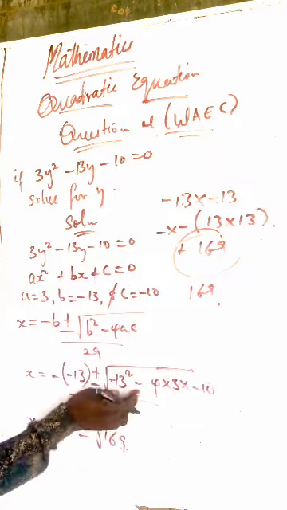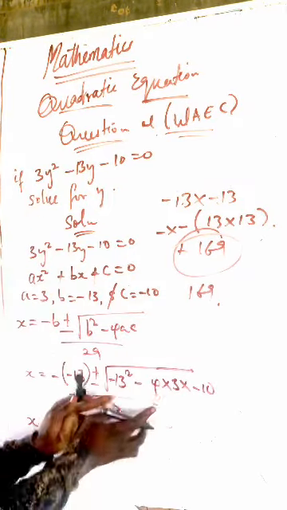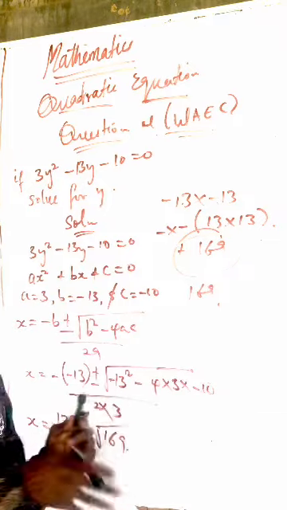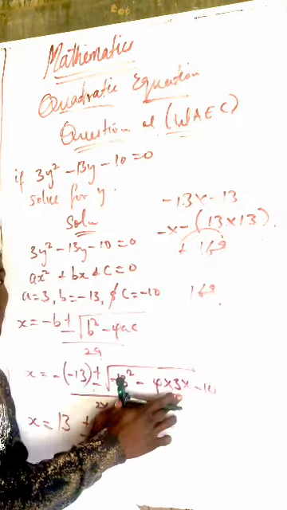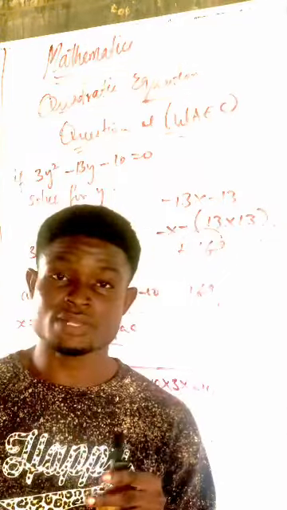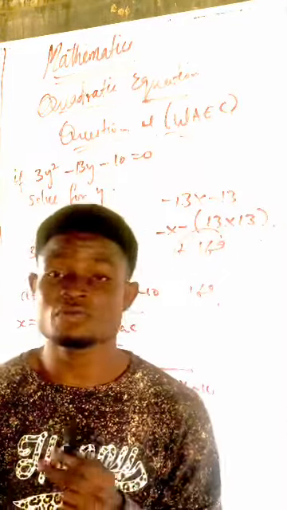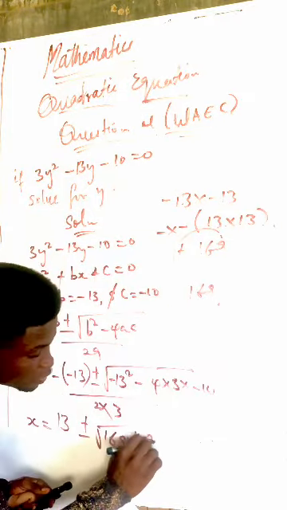Before you put the next sign, work on the other side first. This part is minus 4 times 3, which is minus 12. Now minus 12 times minus 10 is plus, so I have plus 120.